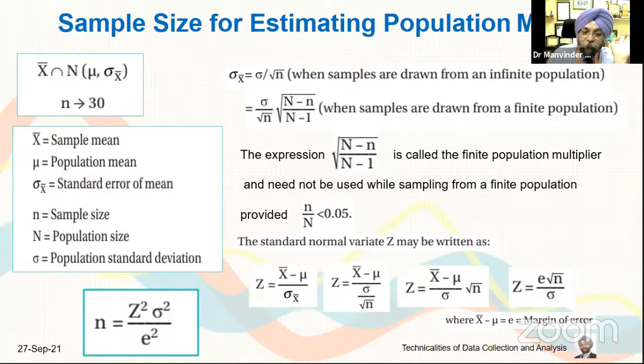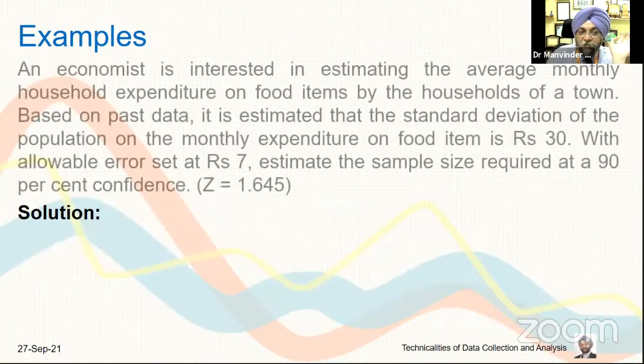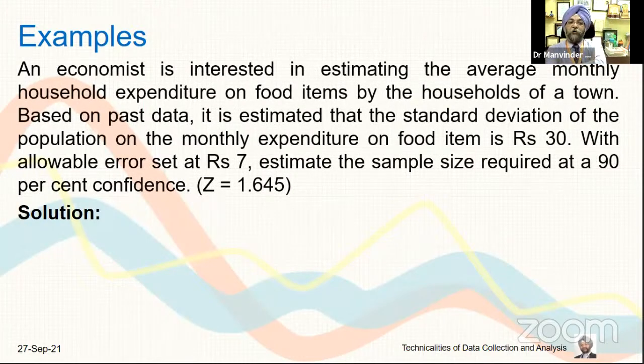Now let us do some of the things. Can you calculate the sample size in this? An economist is interested in estimating the average monthly household expenditure on food items by the households of a town. Based on past data, it is estimated that the standard deviation of the population's monthly expenditure on food items is rupees 30, with an allowable error of rupees 7.